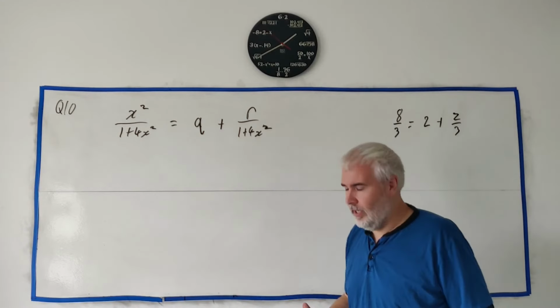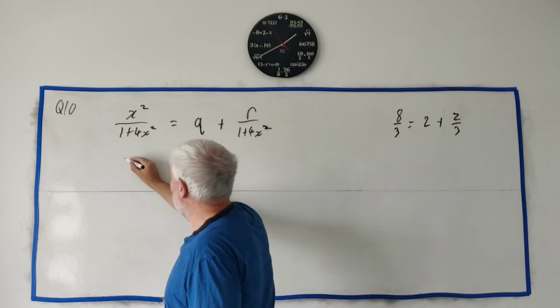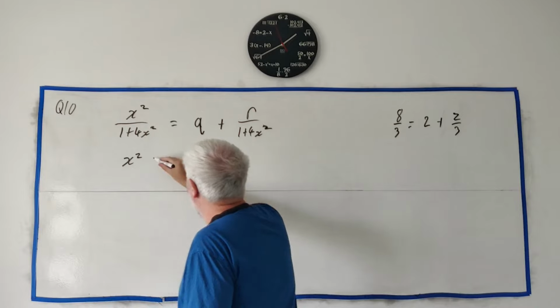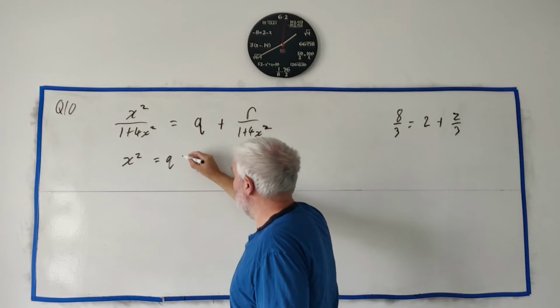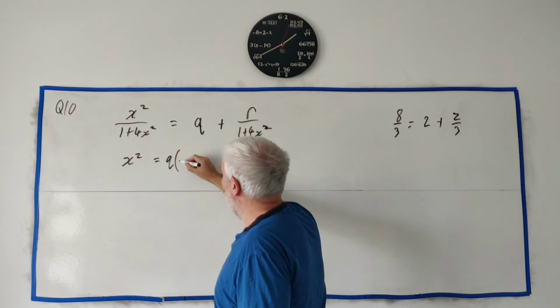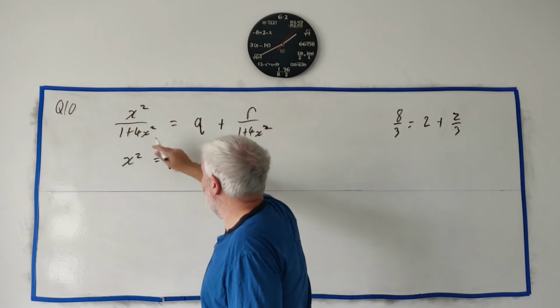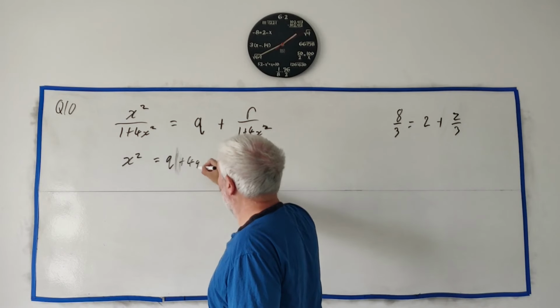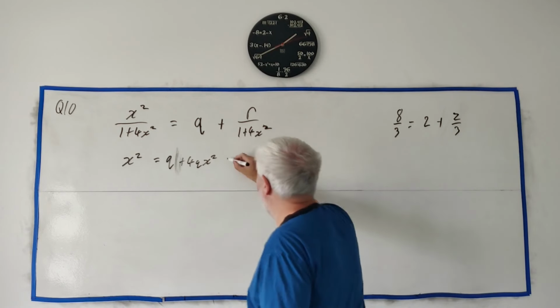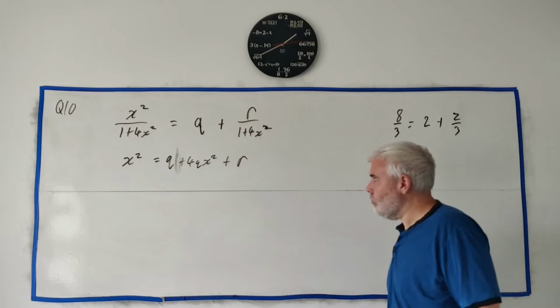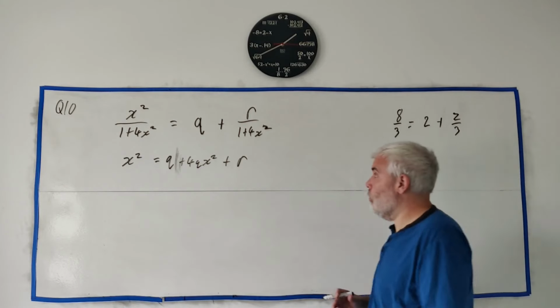We're going to equate like terms. Multiply everyone by that. The left side just becomes x squared. Q is the only one that gets multiplied. Let's do them by part. Q times 1 is just Q. Q times this is 4q x squared, and this just becomes r. Like terms, just equate like terms.